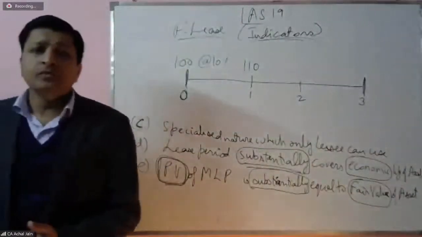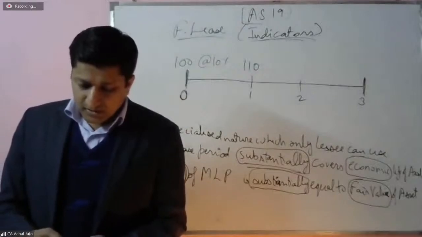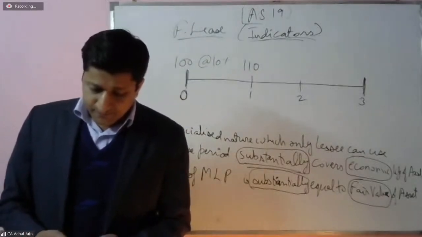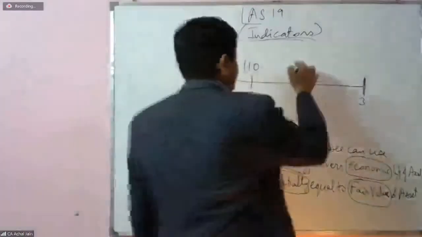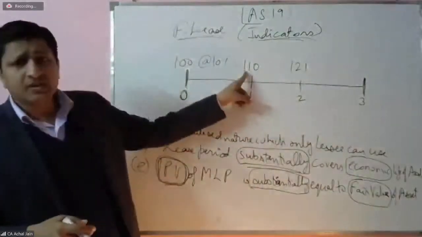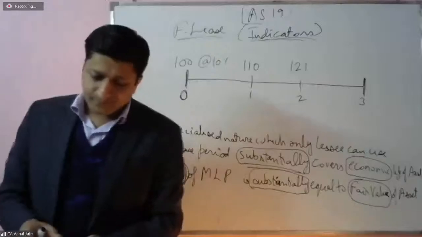And if this 110 stays invested in the bank, then this will become 110 into 110%. So this will be 110 into 110%, so interest will be added on this. So this becomes 121. Correct?